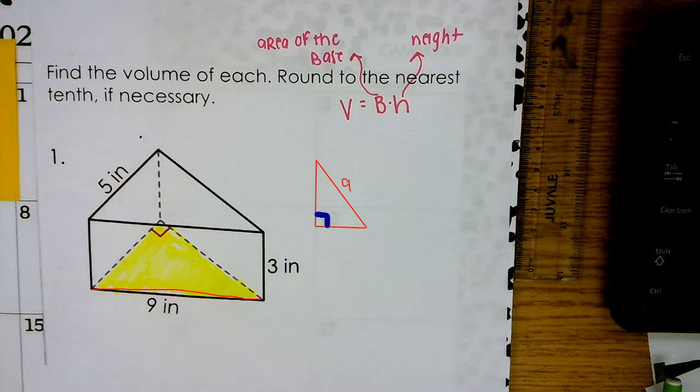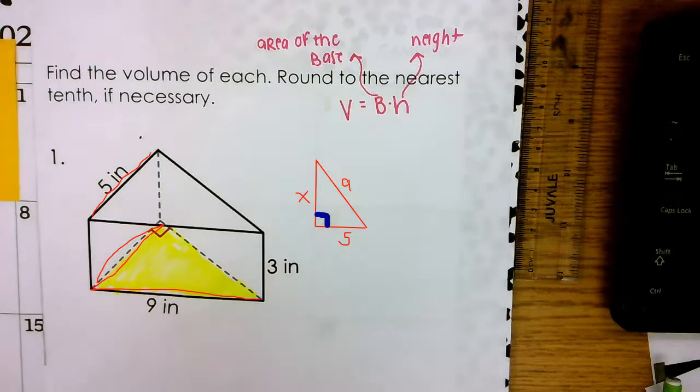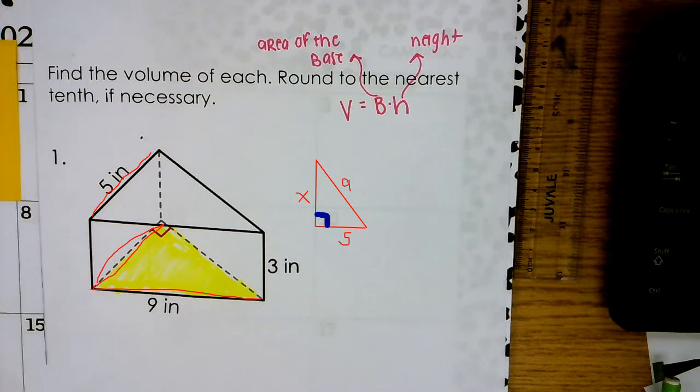Alright, this bottom side of the triangle right here is congruent to this 5-inch segment right here, so this is going to be 5. And then this side here we don't know. That's x. So we need to figure out what that x value is before we can go about finding the area of this triangle.